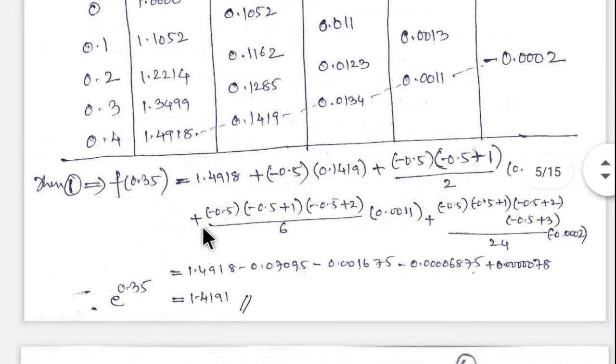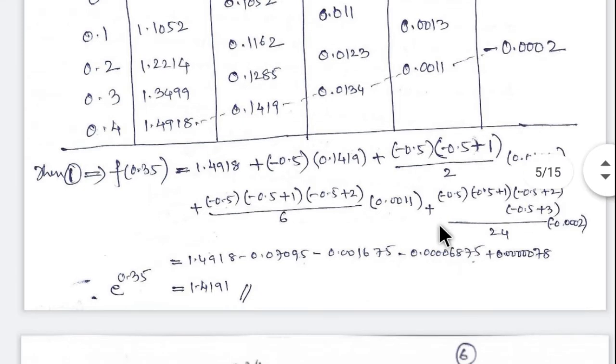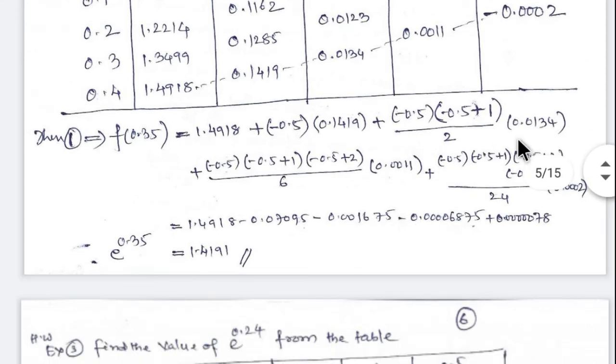Similarly, plus r into bracket r plus 1 into bracket r plus 2 divided by factorial 3 into delta cube of f of xn, which is 0.0011. Similarly, one more: r into r plus 1, r plus 2, r plus 3 divided by factorial 4, which is 24, into delta fourth of f of xn, the last value, minus 0.0002. Substitute r as minus 0.5 everywhere, and simplify using a calculator.